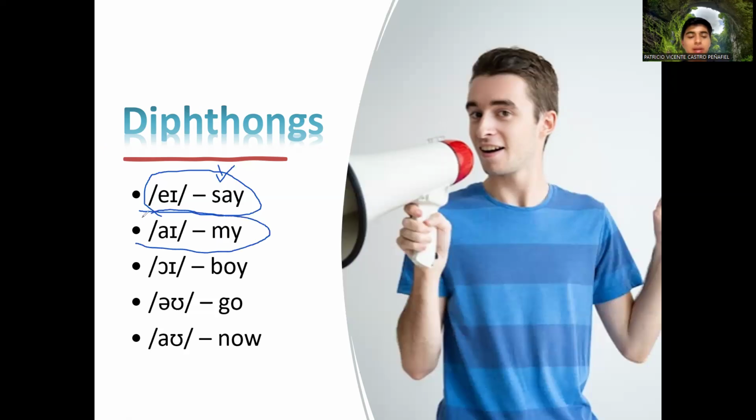The next example is my. It starts with a and moves to e. My, or sky, or time. The next example is boy. It starts with a and moves to e. Boy, or toy, or noise.